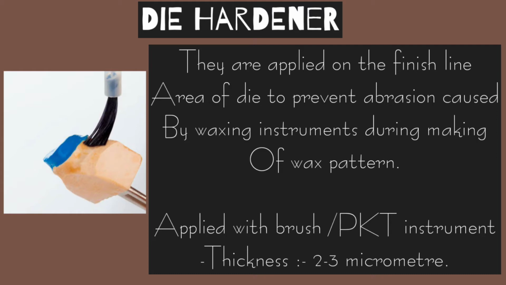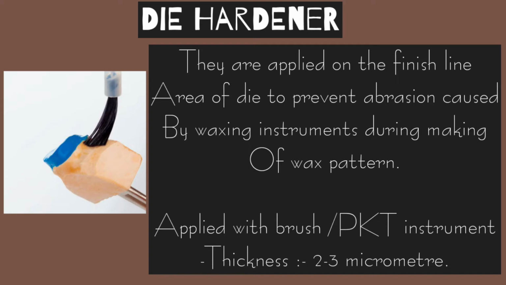We apply the die hardener with the help of a brush or PKT instrument, and the thickness of this die hardener should be 2 to 3 micrometer. So this is all about the die hardener, which we apply on the finish line area of the die to prevent abrasion caused by the waxing instrument.